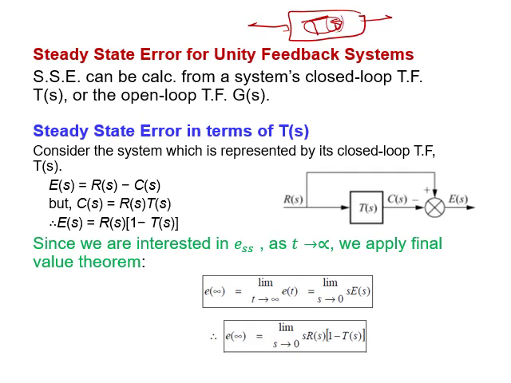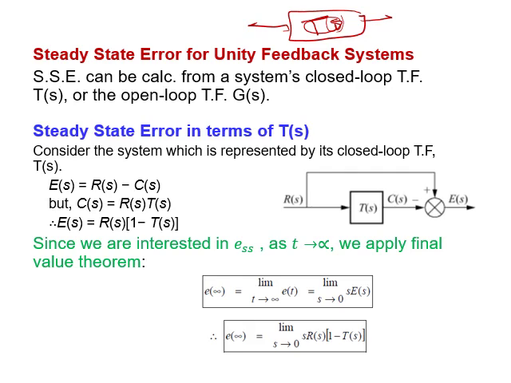So if T(s) is given, it's going to be discussed as seen here. Here is T(s), here is the input, and here is the output. To analyze the steady state error, we are going to evaluate it this way. But I want you to catch the point of the given transfer function. It's the closed loop transfer function, meaning the system has input, output, and transfer function.